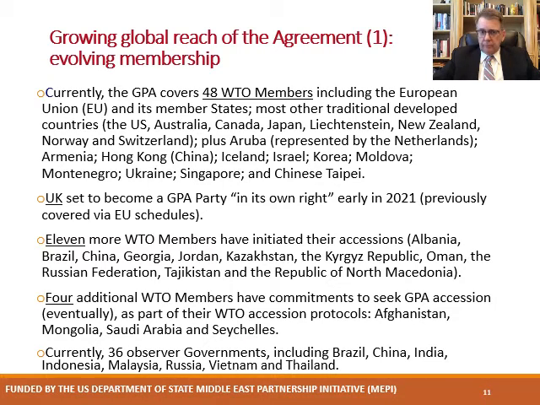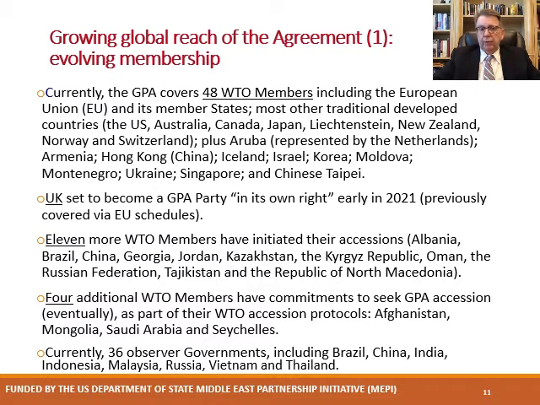At the moment, 48 WTO members are covered and legally bound by this agreement. That includes the EU and all of its member states. It also includes the US, Australia, Canada, Japan, New Zealand, Norway, and Switzerland.